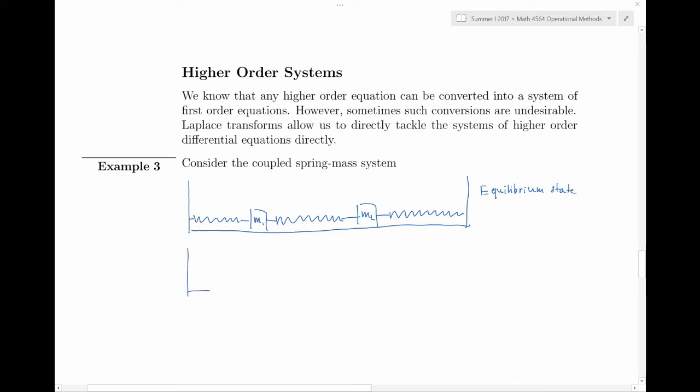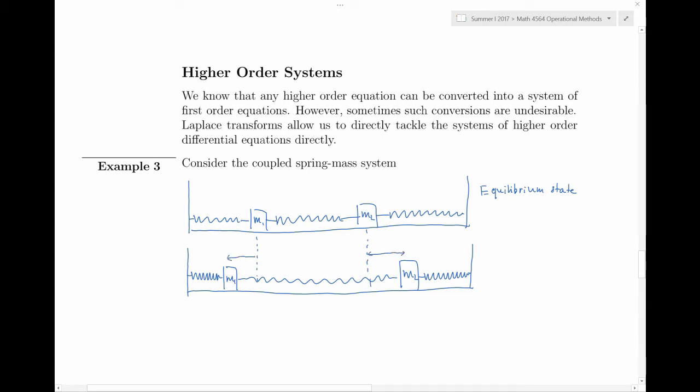If I perturb the system, let's say I move one mass to one side and another mass to another side, and let's call the perturbation from the equilibrium state y1 and y2.